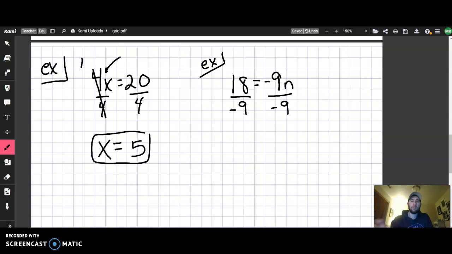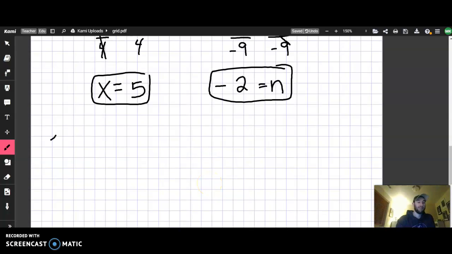So you divide by negative 9 on both sides. Negative 9 divided by itself is 1, so we have our 1n left over. And ladies and gentlemen, a positive divided by a negative is a negative. So we have a negative number, and that number is 18 divided by 9. 18 divided by 9 is 2. So our n is negative 2.